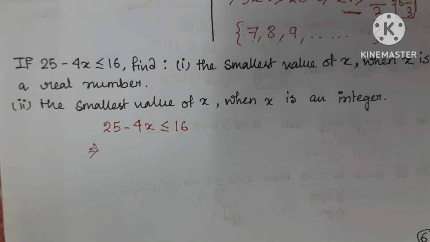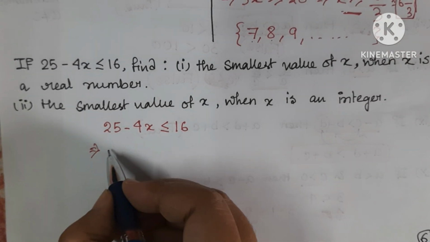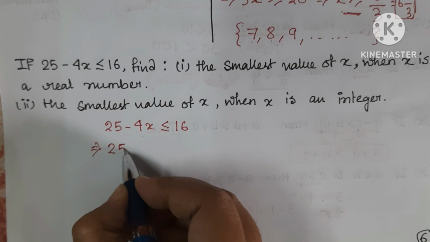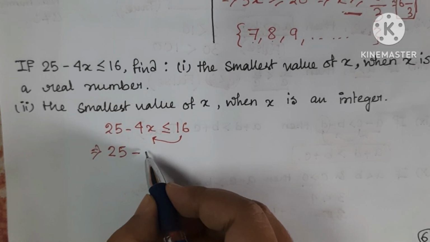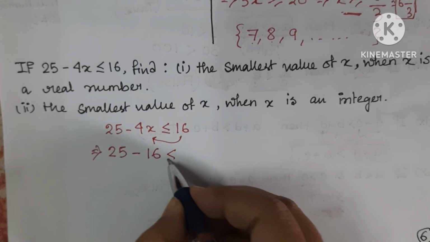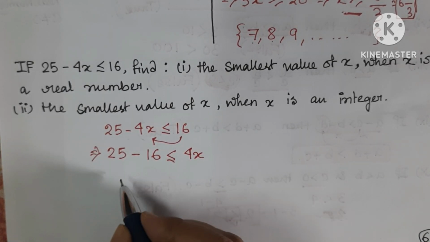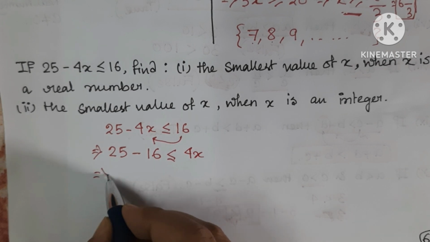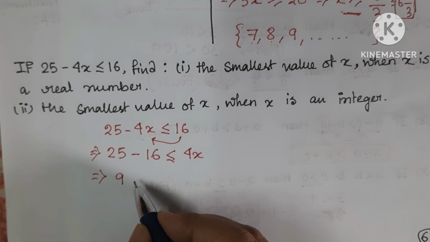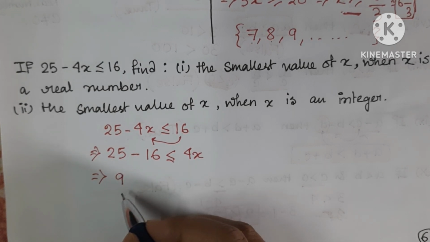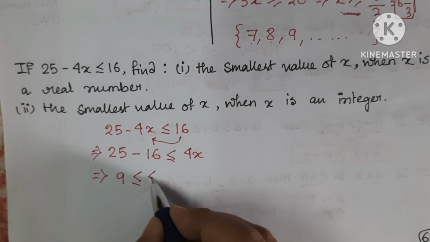If you transfer this to this side, 25 minus 16 is 9, that is less than or equal to 4x.